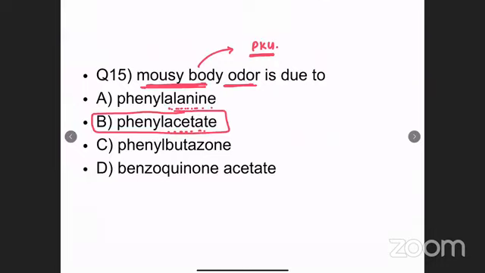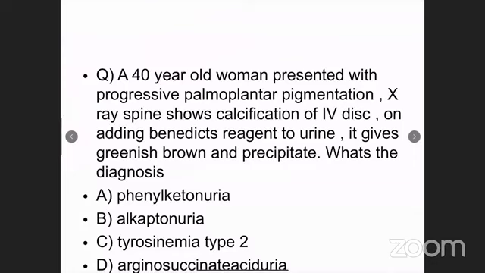Next is a long question. Whenever you see a long question, the first thing you need to do is read the last line first. The last line is: what is the diagnosis?